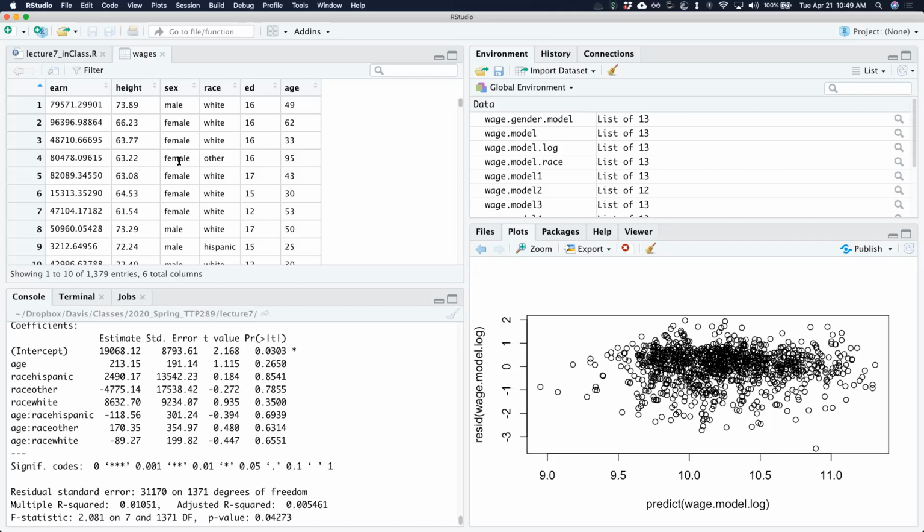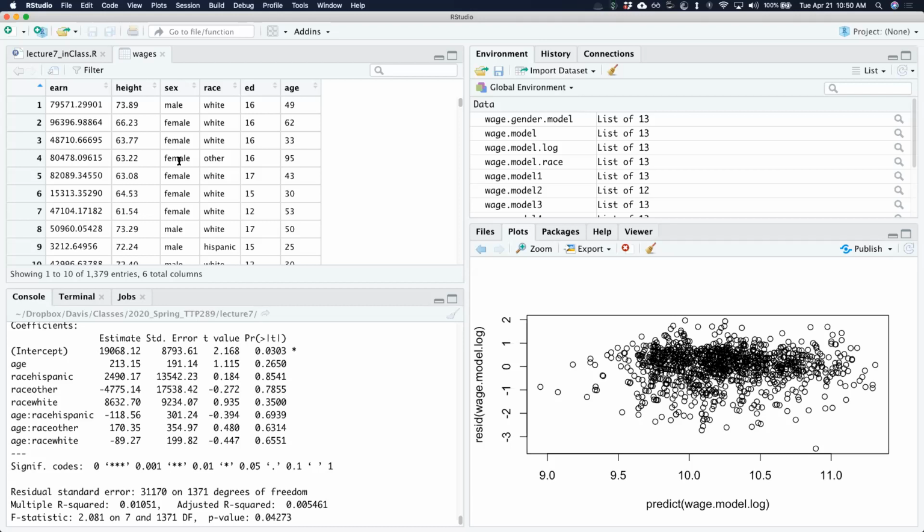And one of the things that you can do, even qualitatively, by glancing through a table like this, is quickly make some qualitative interpretation. For every additional year of age, compared to someone who's Black, both Hispanic and white people make less as they get older, whereas other races make more.